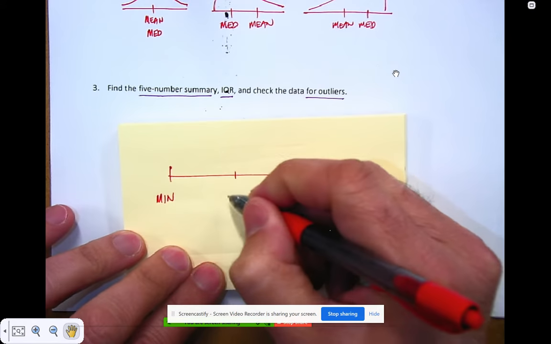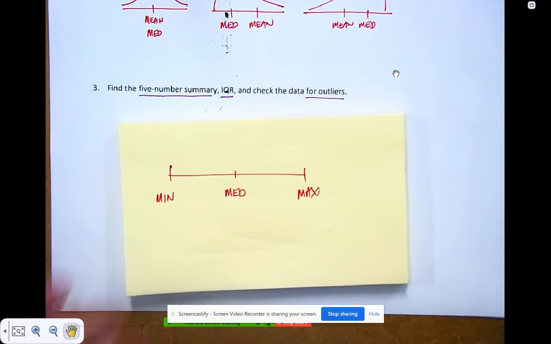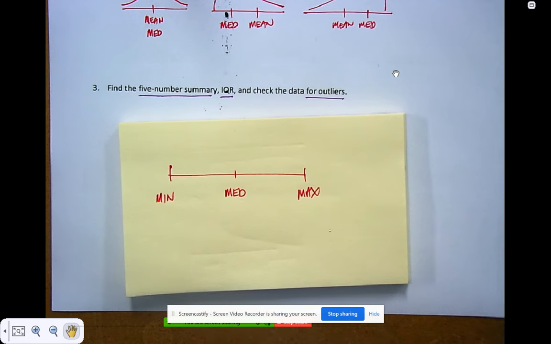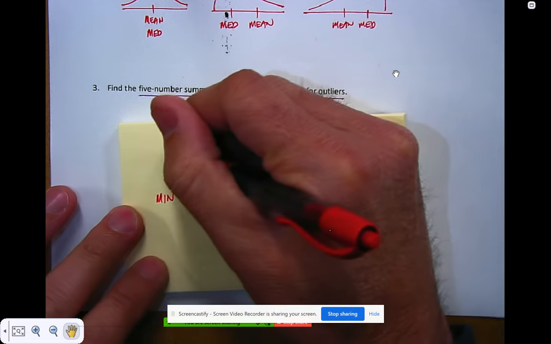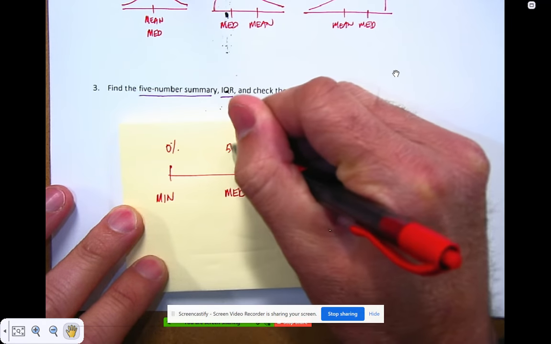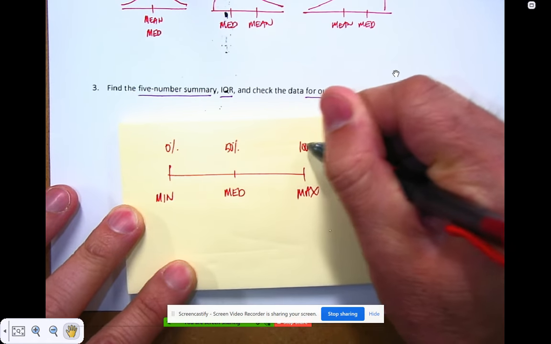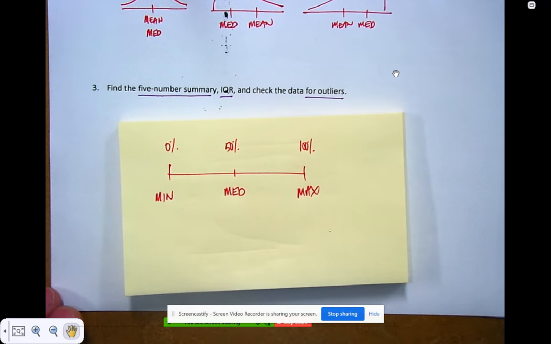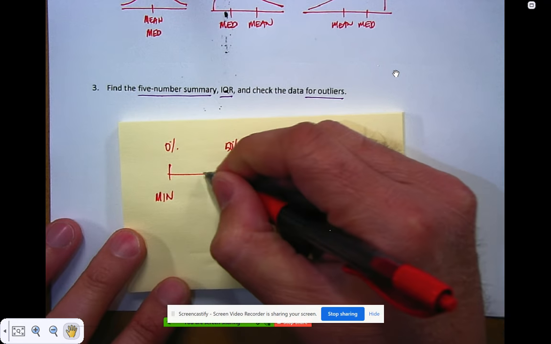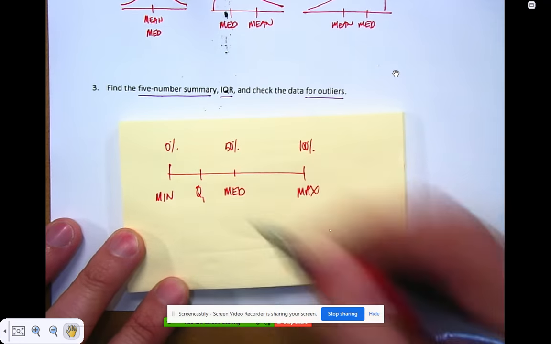And then we've already talked about the median, which is halfway. Okay? And so another way to think about this would be this is 0% of the way, this is 50% of the way up, and this is 100%. Okay? So intuition tells us right here, this is called quartile 1.